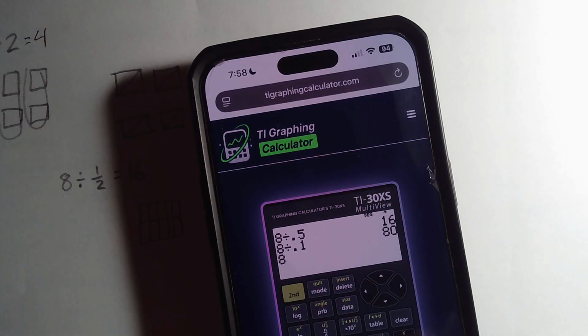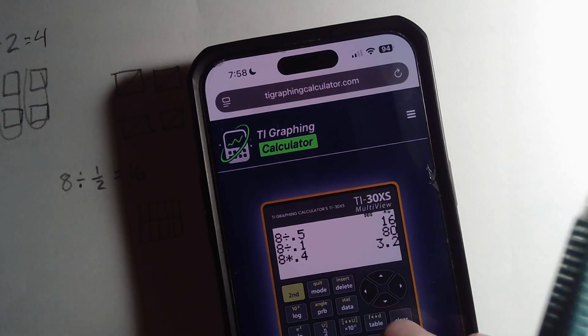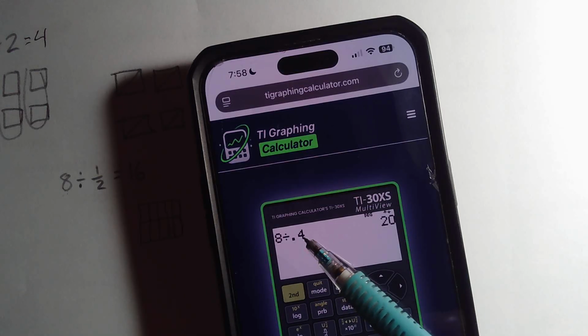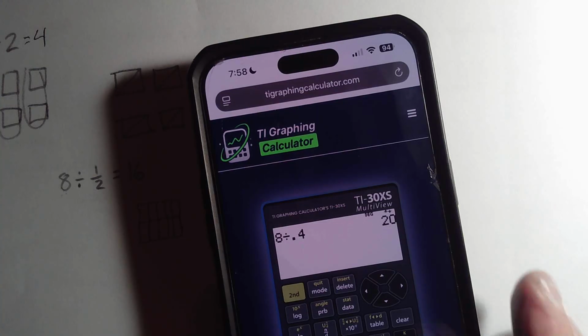So if I did 8 divided by, let's say, 0.4, you do get a bigger value. Anytime you divide by something smaller than 1, between 0 and 1, you will wind up with a bigger answer.